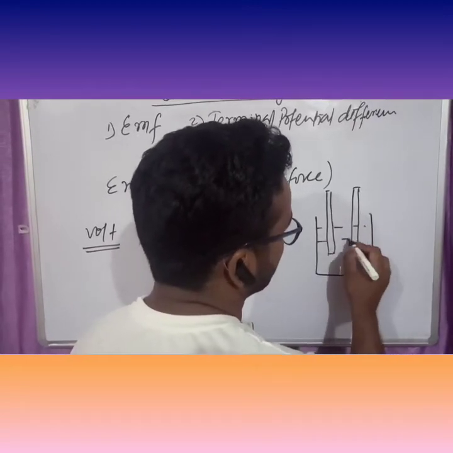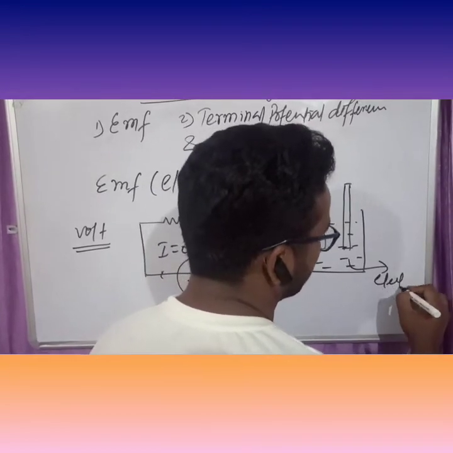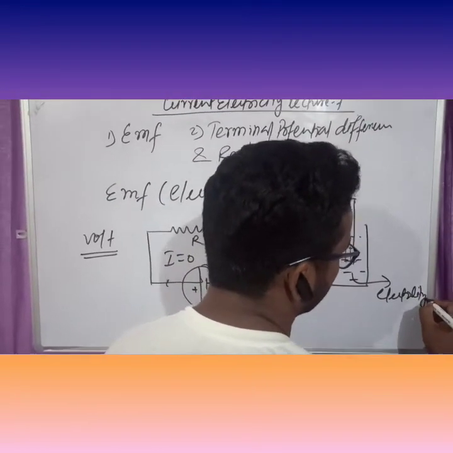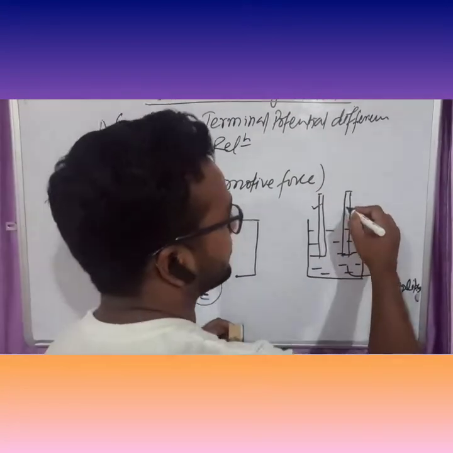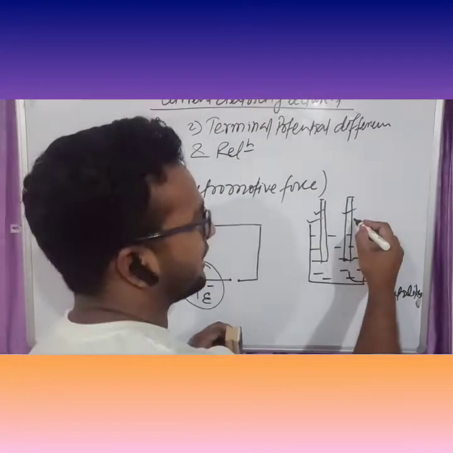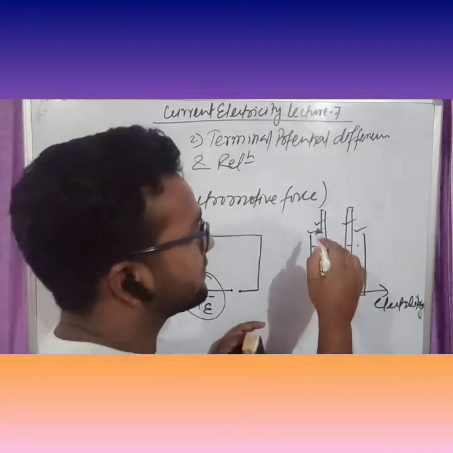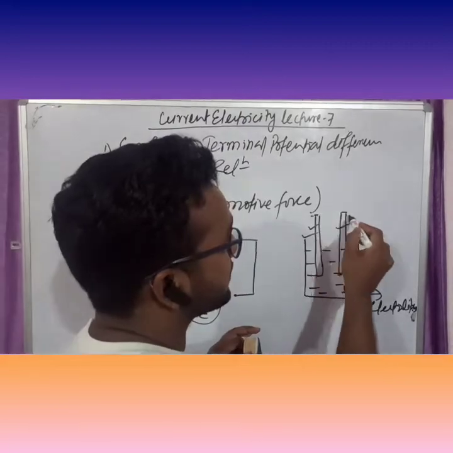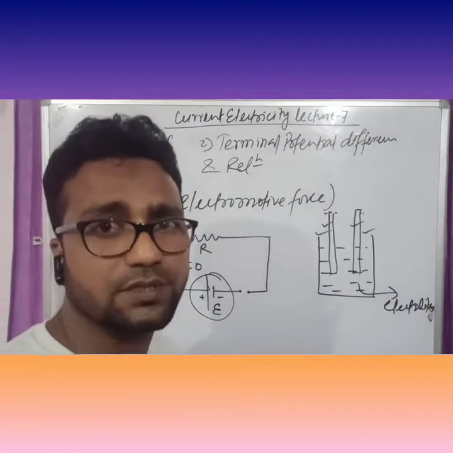These are the electrolytes, and these are the electrodes. This is the cathode and this one is the anode. And the potential difference between these two terminals is known as electromotive force.